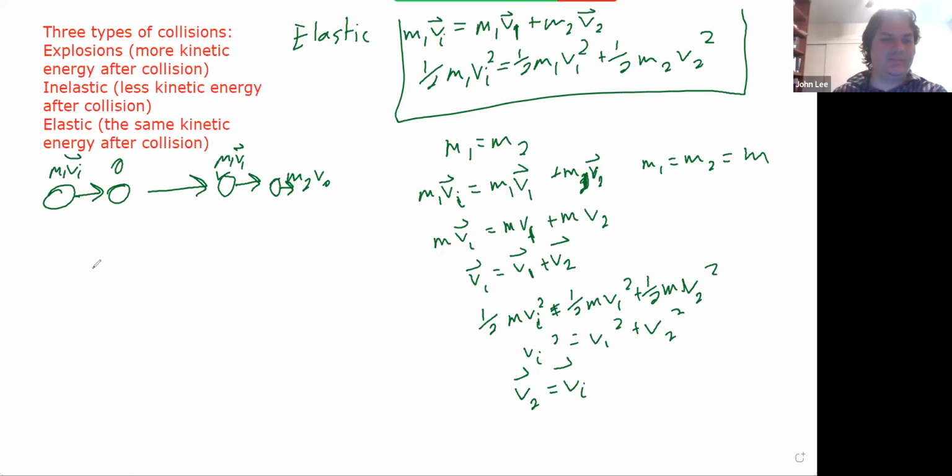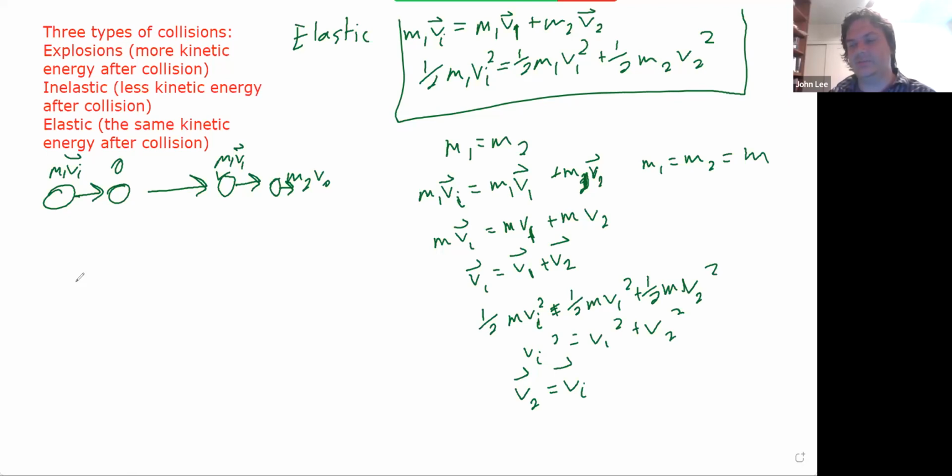If V1 keeps going, then it would just pass through V2. So if V1 runs into V2, then V2 has to keep going because V2 doesn't have anything in front of it, but V1 has mass 2 in front of it, so it can't keep going.